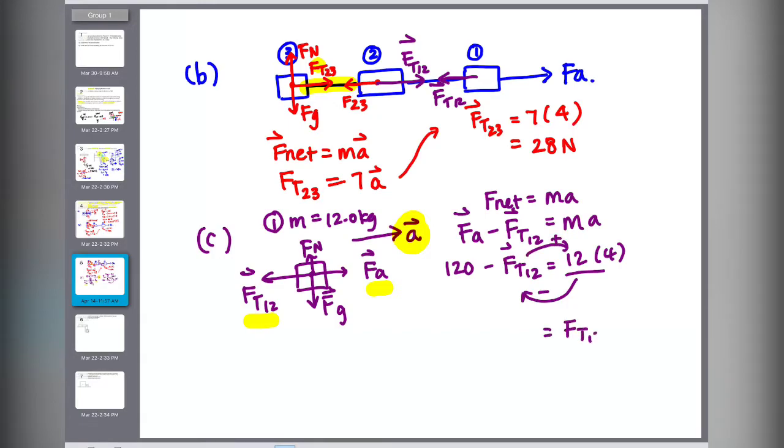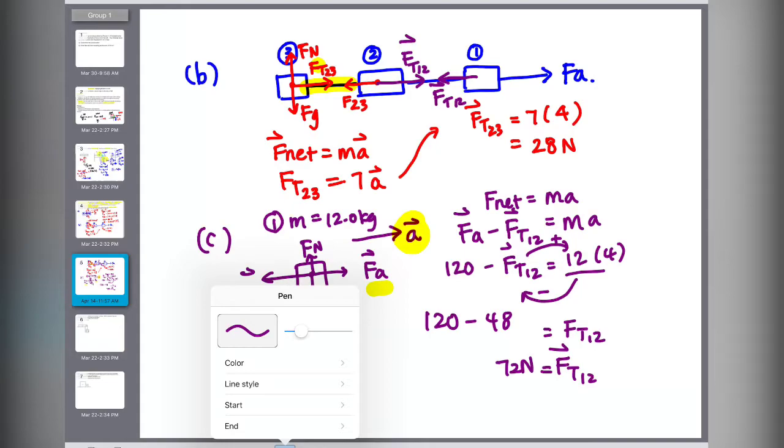So Ft12 is going to be 120 minus 48. Solving for Ft12, I am getting a result of 72. Same thing, I don't know if it's to the left or to the right because it's the same on both sides of the Ft. So this is if I were to choose to use block 1.